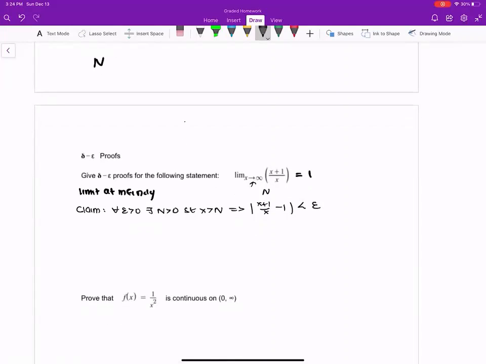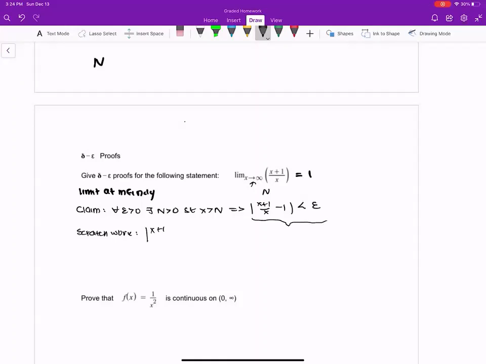Now, what you want to find is a relationship between N and epsilon. And in order to do that, let's start with our scratch work. So you would start with this side.